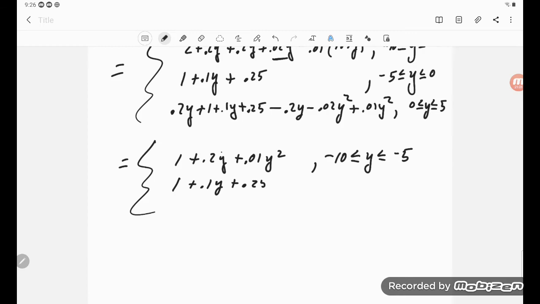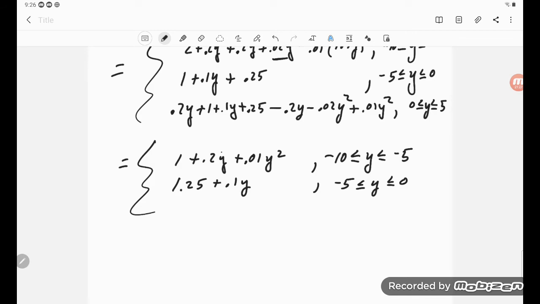So again, let's check to make sure that seems right. So it's 1.25 plus 0.1y. And in this case, y is supposed to go from -5 to 0.